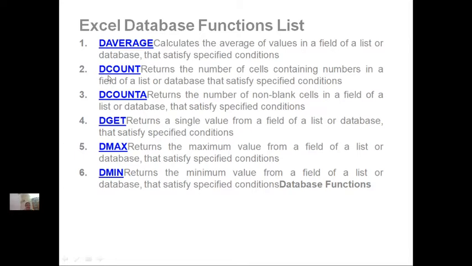Because it is a database function, it will compulsorily take into consideration specified conditions. Okay, now let us go to the next database function, dcount. It returns the number of cells containing numbers in a field of a list or database that satisfies specified conditions.